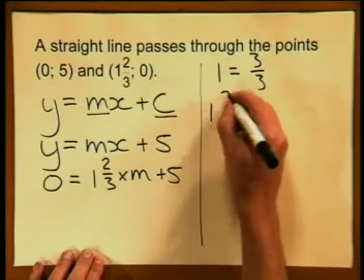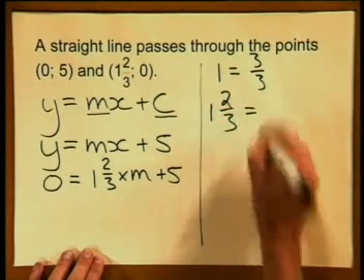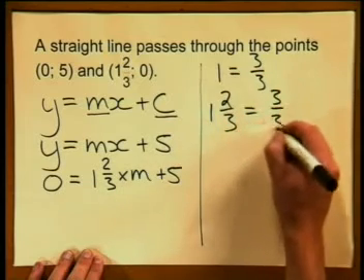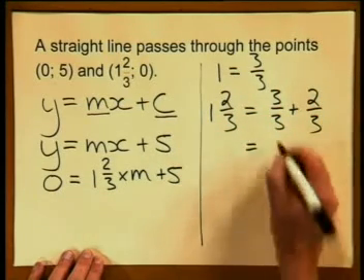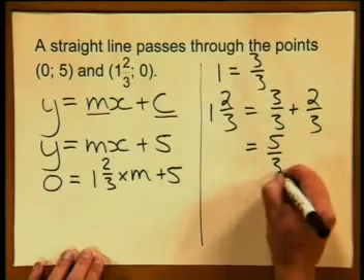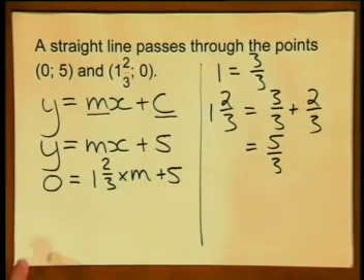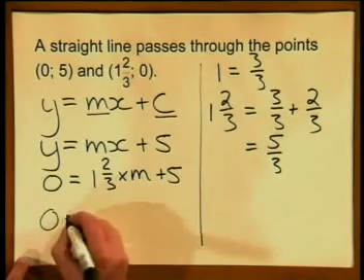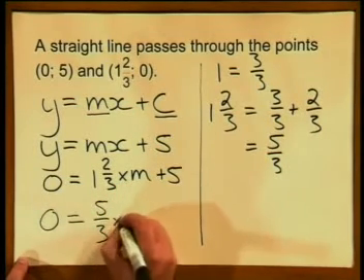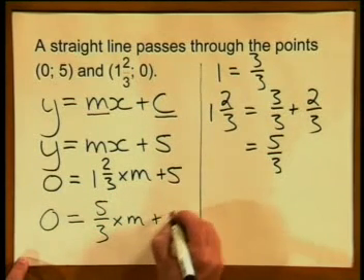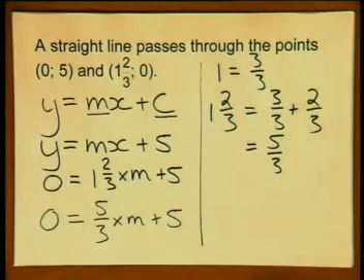Therefore, 1 2/3 must equal 3/3 plus 2/3, which is simply equal to 5/3. So our equation becomes 0 is equal to 5/3 multiplied by m plus 5.